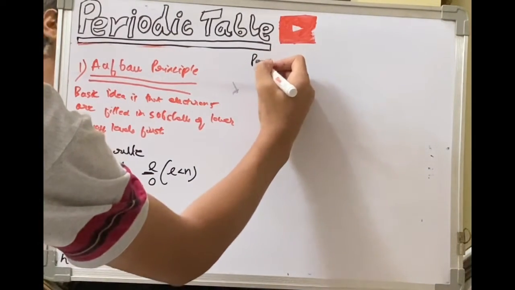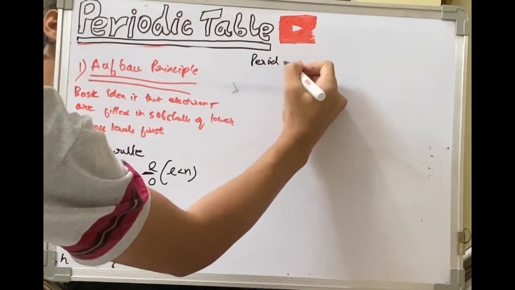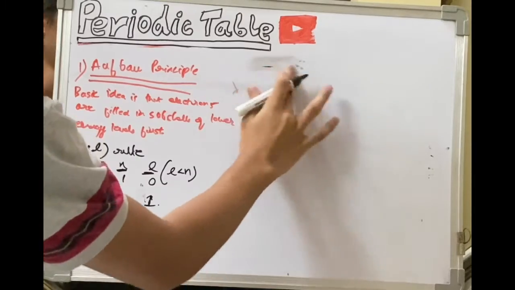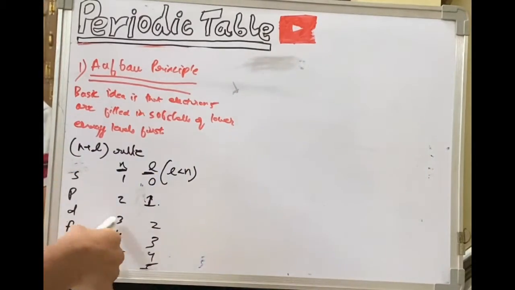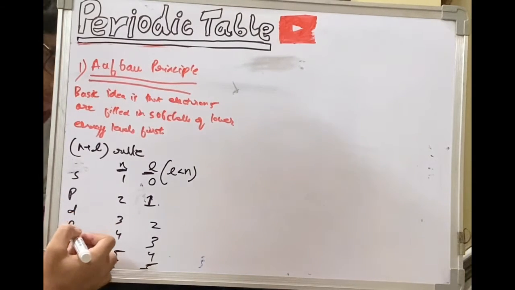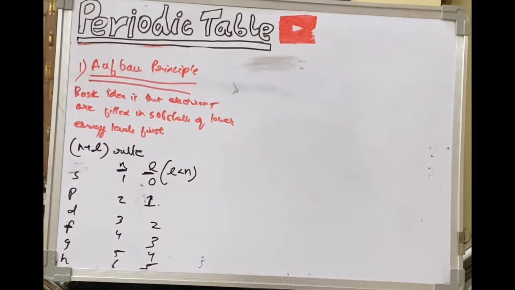So for period 1, an important thing that we can take from this part is that the F subshell can never be in the first period or the second period, because it has n equal to 4, so it can always come in the fourth or the fifth period, depending on the energy level, if that also permits.